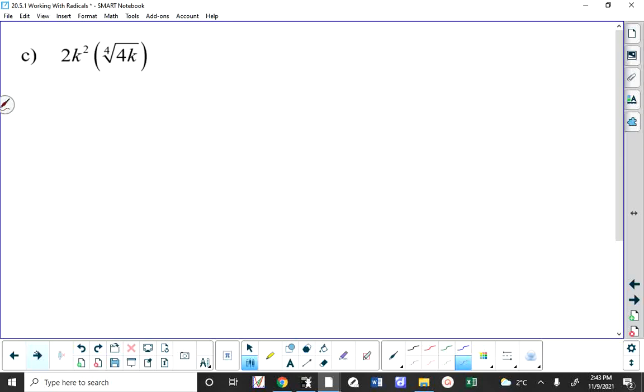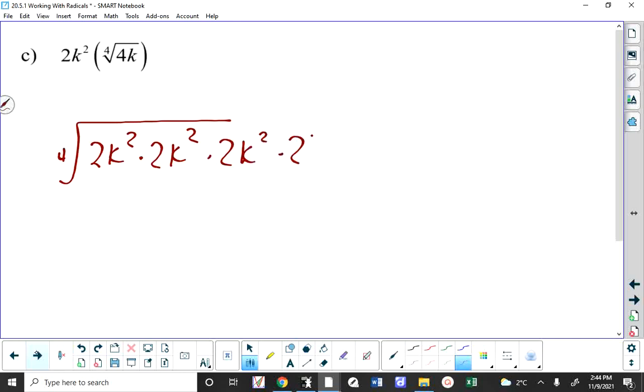2k squared, 4th root 4k. So we have the 4th root, and we have a 4k. We have a 2k squared outside, so we're going to put it in 4 times, because it's a 4th root. And then we also have the 4k underneath here.